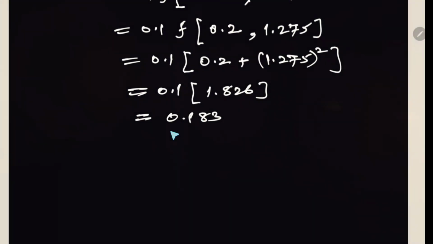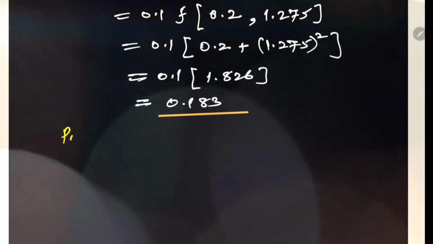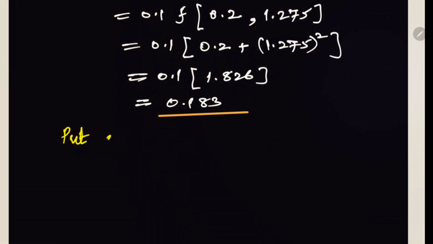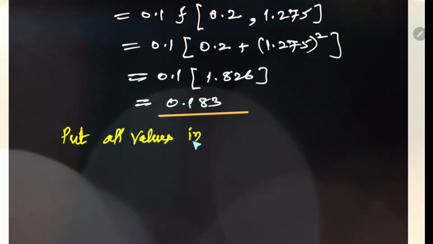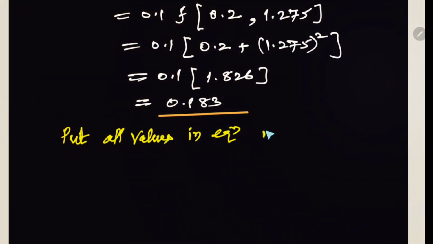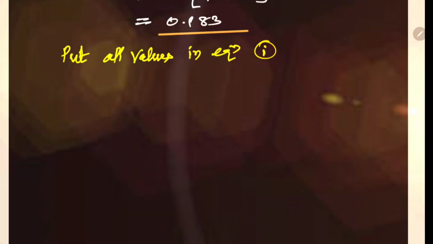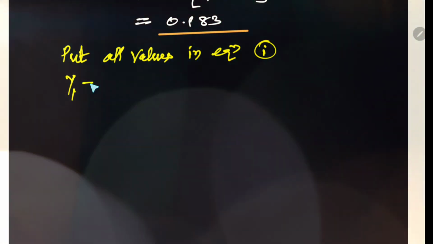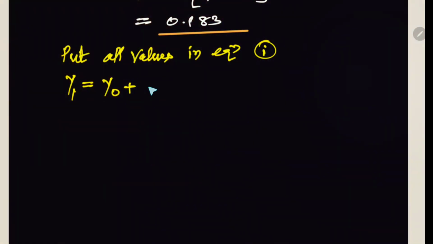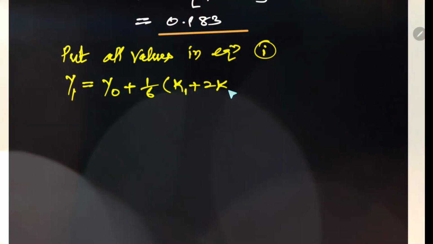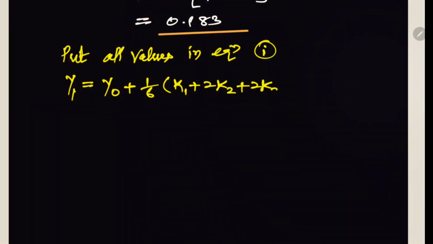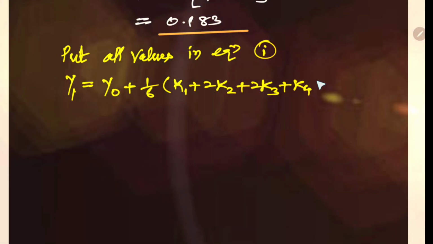And then after having all these values of K1, K2, K3, K4, we substitute it in that Runge Kutta fourth order formula, means equation 1. We get y1 as y0, the value of y0 is 0.1, plus 1 by 6 K1 plus 2K2 plus 2K3 and plus K4.